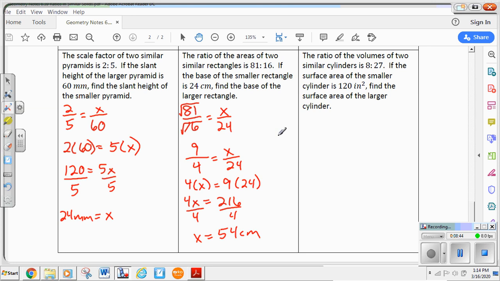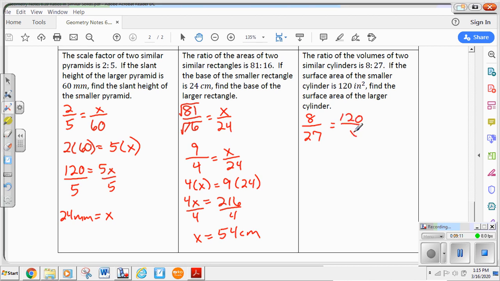The ratio of the volumes of two similar cylinders is 8 to 27. If the surface area of the smaller cylinder is 120 inches squared, find the surface area of the larger cylinder. 8 over 27 is small over large. So the smaller cylinder surface area will be the numerator.